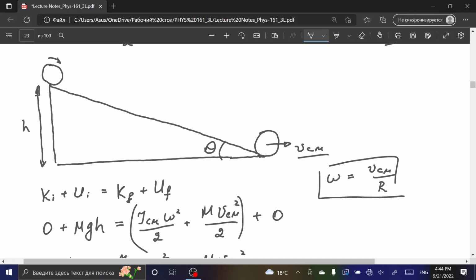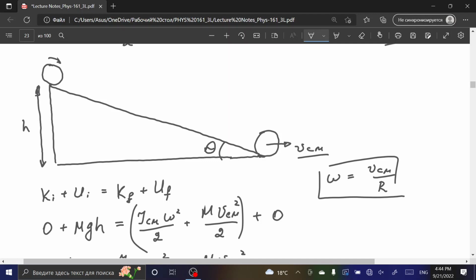Of course, without friction, otherwise that will be a different story. But that is a fundamental difference which you need to understand: you can say that potential energy is converted to kinetic energy, but there are two different types of kinetic energies which correspond to rotational and translational motion. That's why there will be a difference.